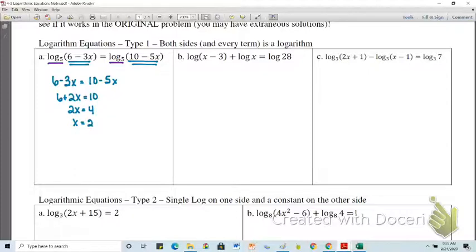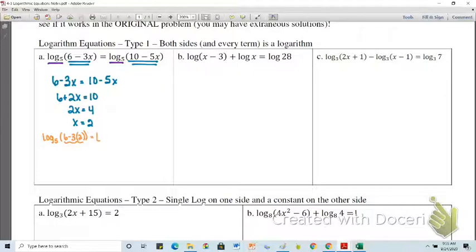I need to see if these work. So I need to plug them in, and you can do that in your calculator if you want. What I'm checking is, does log base 5 of 6 minus 3x, or 3 times 2, what really is this number in here?